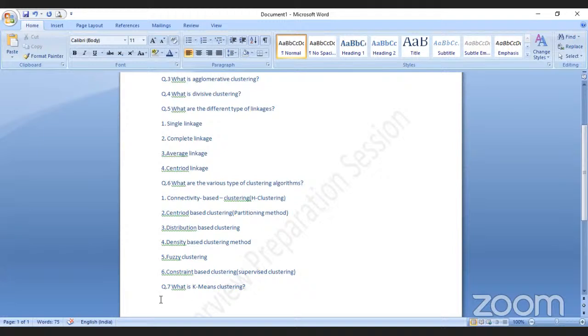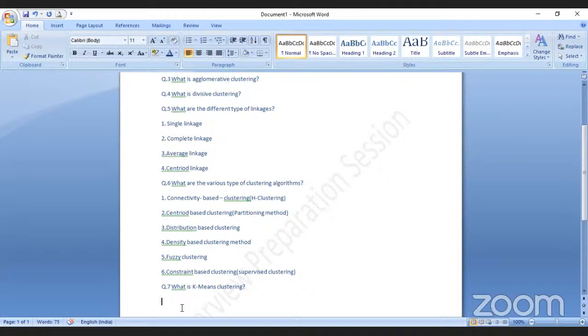So we pre-specify the number of clusters into which we will be clustering our whole data. Suppose we take it as 4, so our k is 4. Then we will be making 4 clusters out of our whole data. So that is k. The k value is the number of clusters.